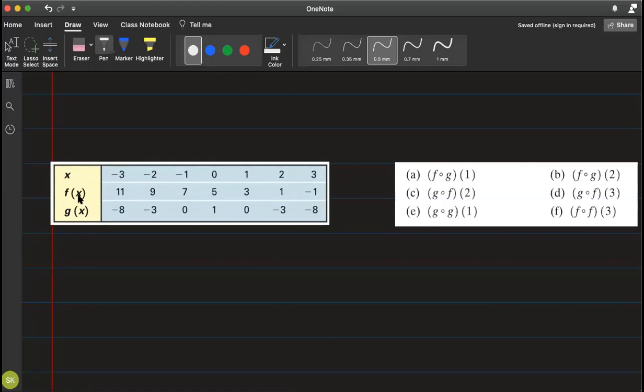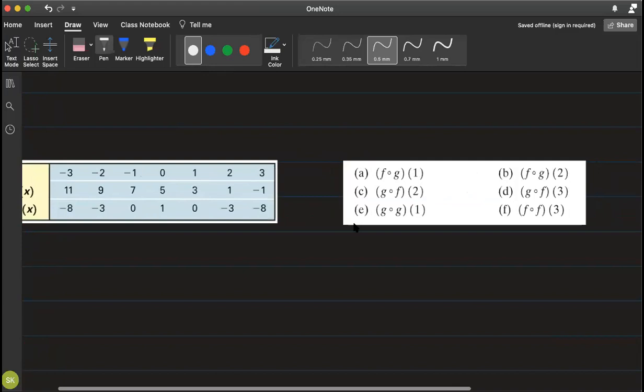And then underneath it, for each one of these x values, I'm telling you where f and g are sending those x values. What I want to find is these 6 different letters here. I want to find f composed of g of 1, g composed of f of 2, f composed of g of 2, and so on. You can see I have all of these.